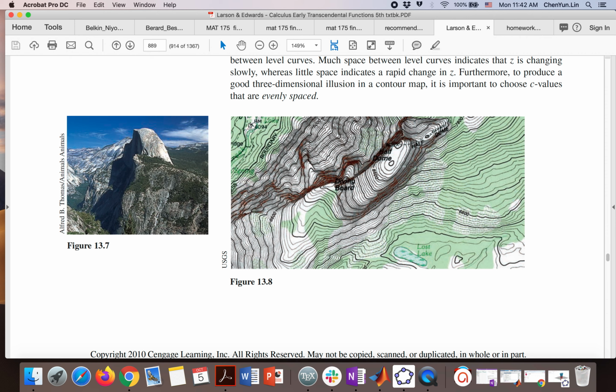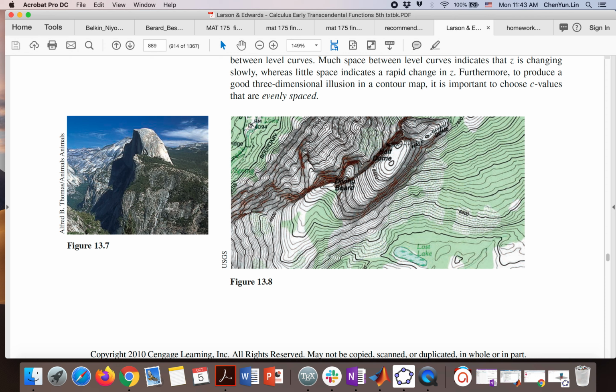So you can think that the surface of this mountain is the graph of a function of 2 variables, right? You have x, y down here, and for each x, y coordinate, for each position, you have the associated height up here.